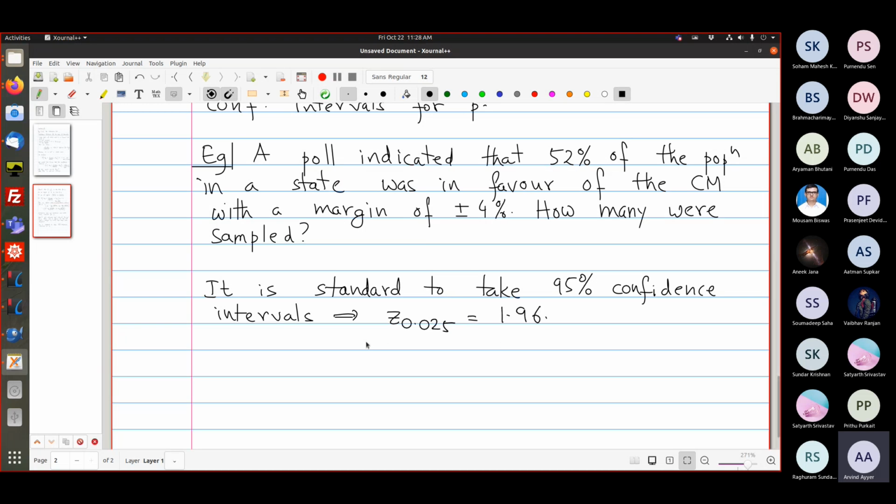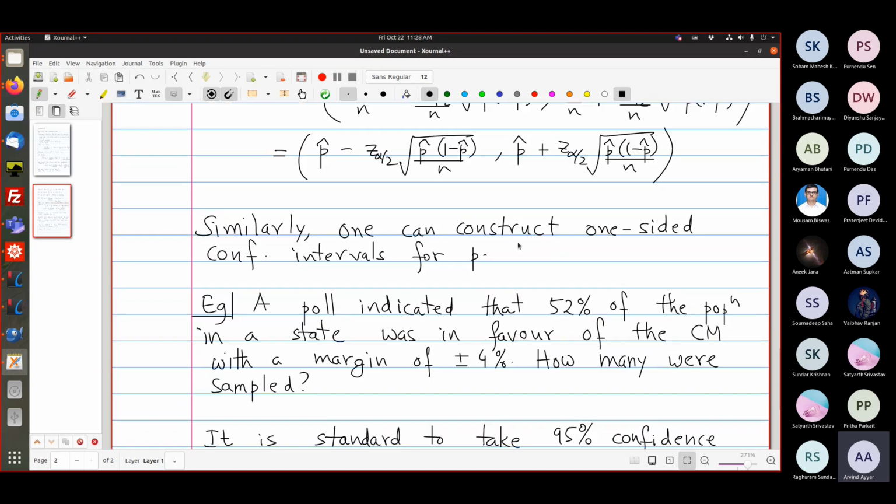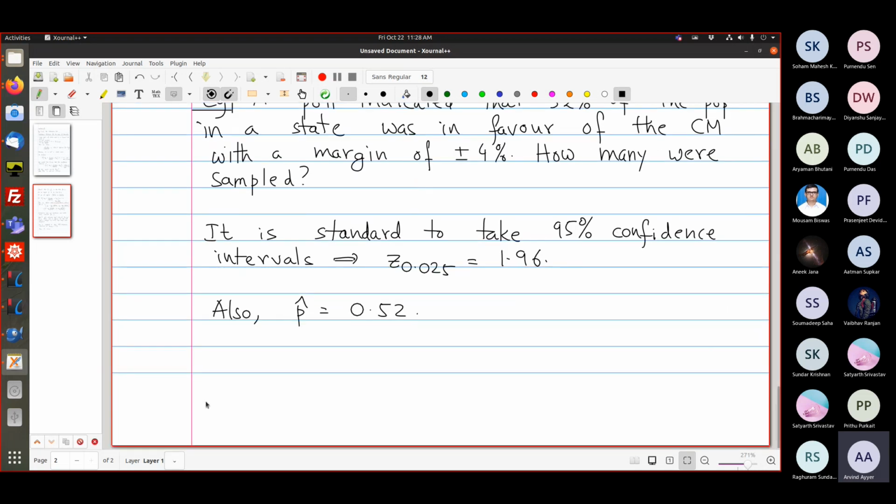So we will take that, and again, as Soham said, also p hat is 0.52. That's the center of this interval. And so what do we have? We have that this quantity is 0.04.